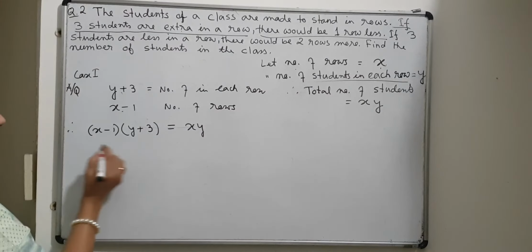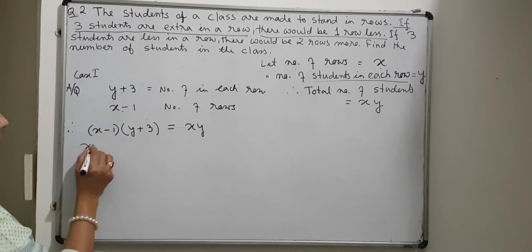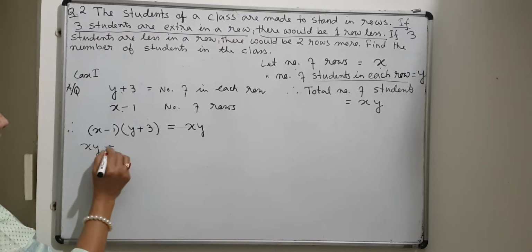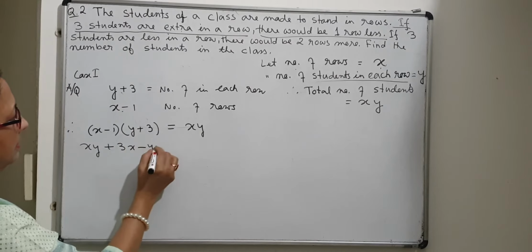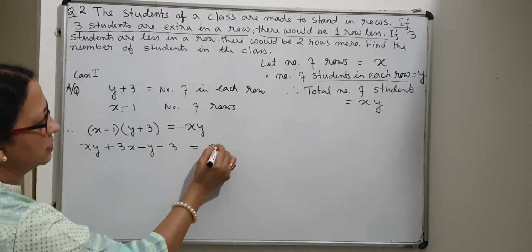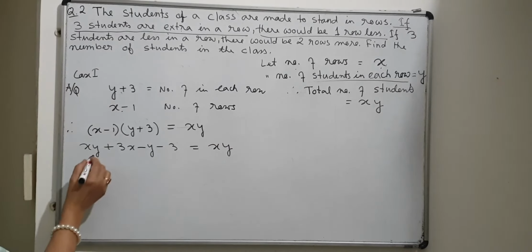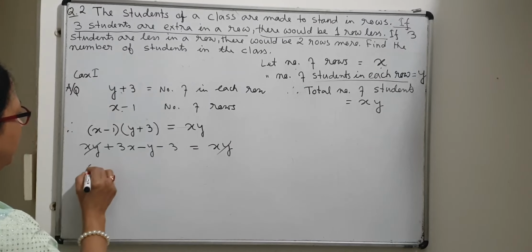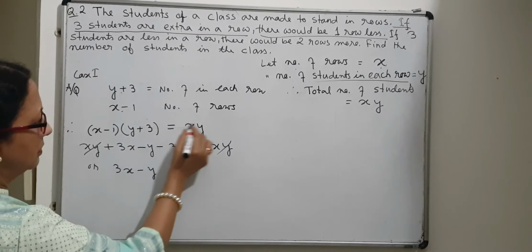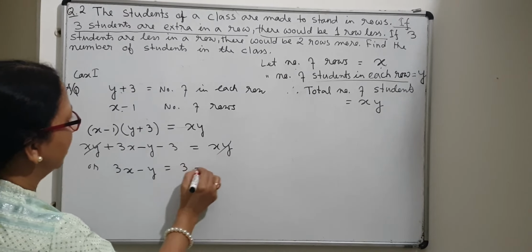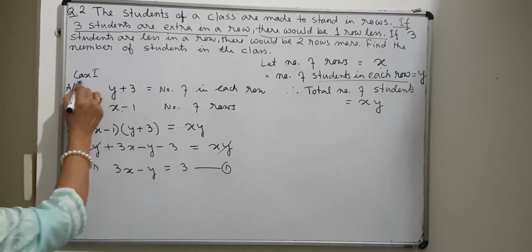So I will open this: xy plus 3x minus y minus 3 is equal to xy. So these two get cancelled, so 3x minus y, taking 3 to the other side, it will become 3. So I got the first equation from case 1.